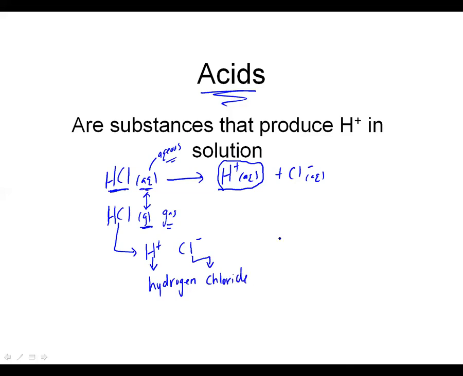If we had H2S that was a gas, even though there's a 2 in hydrogen, it's a little bit different than most things. Even though there's a 2 here, we would still just call it hydrogen. And the S comes from the periodic table, ends in IDE, would become sulfide.